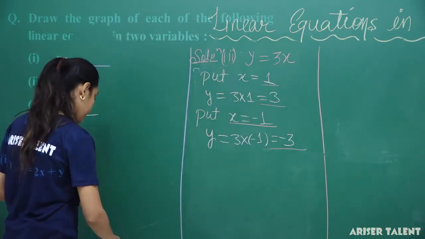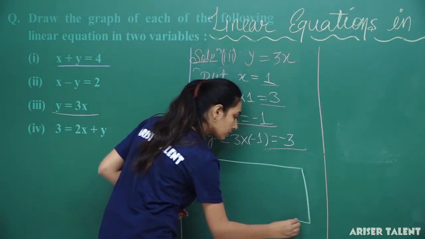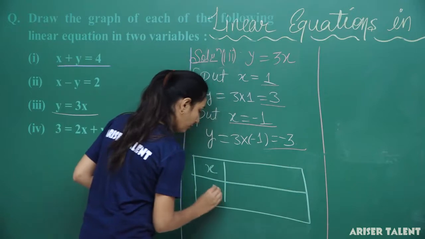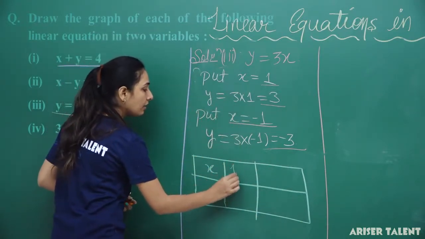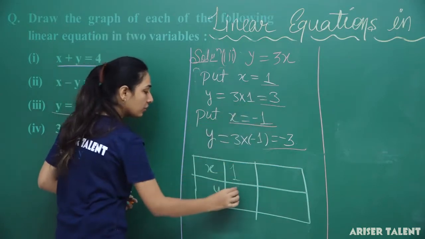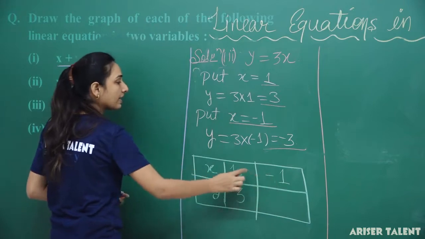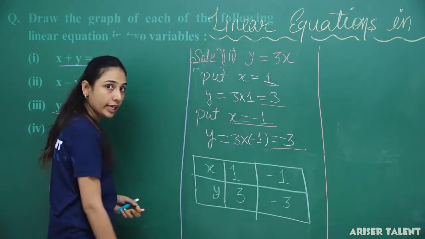Now we can put it in a tabular form. The values of x and the values of y. The first one is 1 and respective to that we got the value of y as 3. The second one, x equals to minus 1, and the respective value of y is minus 3.